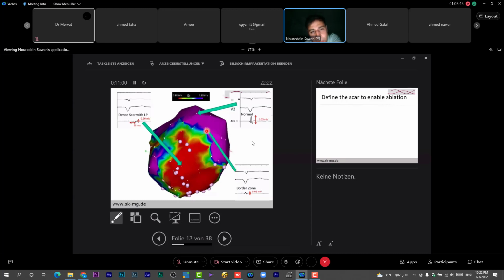In this place, for example, look here. We also see late potentials, but they are a little bit bigger than in the dense scar, and not as late as in the dense scar. Very, very interesting.